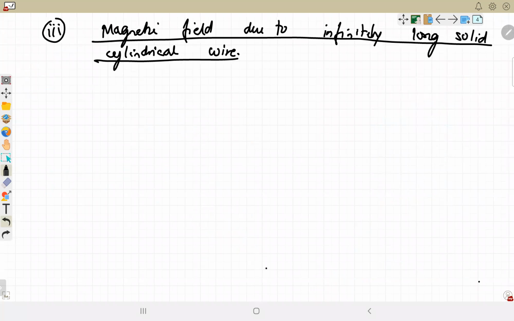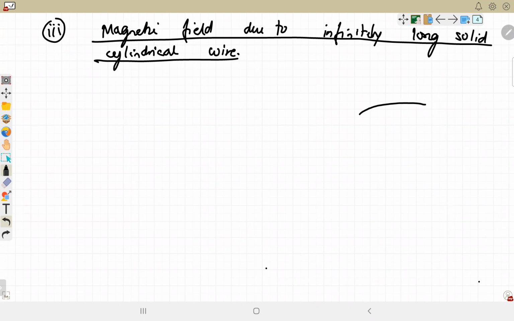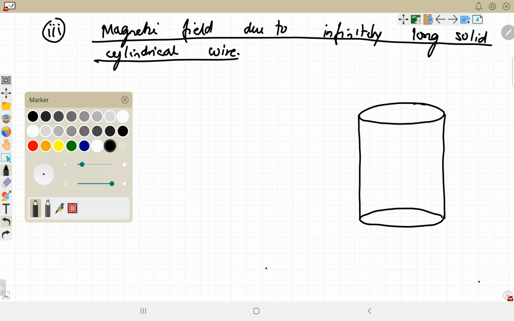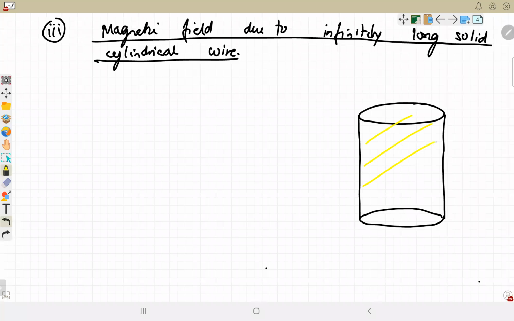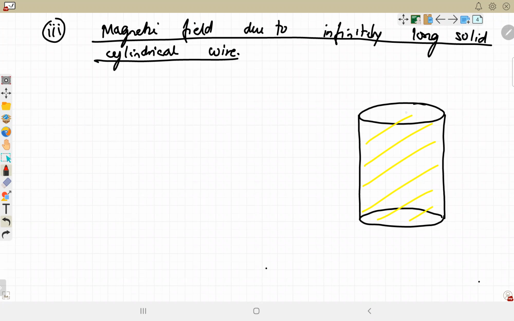Yes. Okay, so now the current is distributed uniformly over the entire cross-section of the cylinder. Total current is I, distributed uniformly because now it is a solid cylinder. Current is coming out symmetrically from every point.